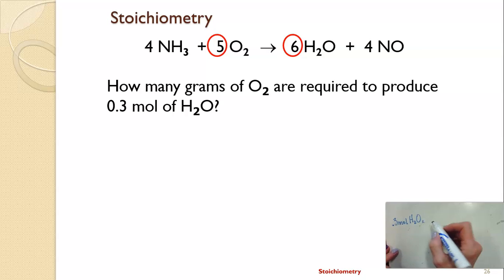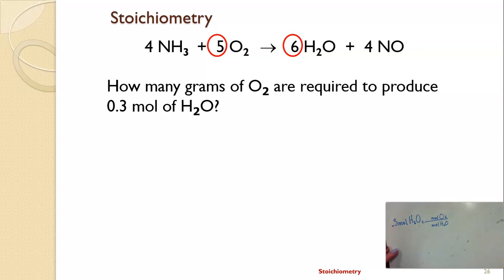So I need to convert moles of water into moles of oxygen. So I just go down my unit and put moles of H2O in the denominator. And I put moles of O2 in the numerator because that's what I'm trying to convert to. Okay, once I've got it in moles of oxygen, I know the molar mass of oxygen and I can convert to grams.